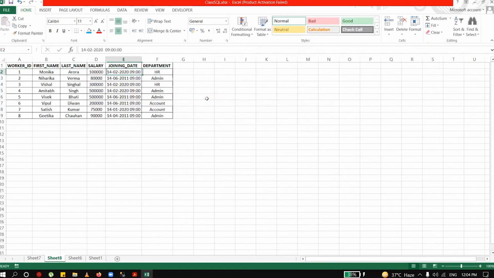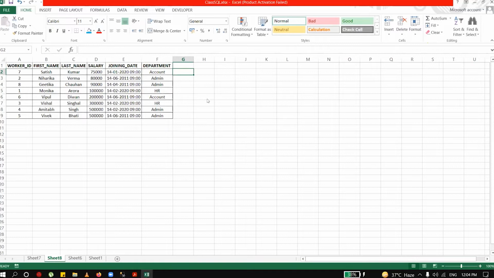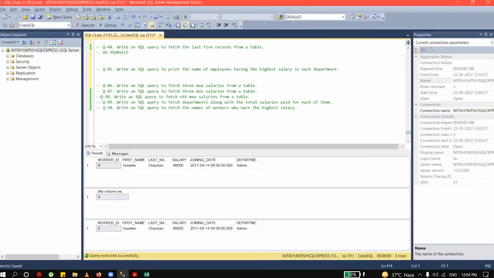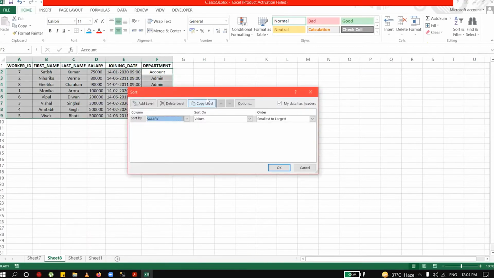If I assign a row number based on the salary, because the question says I have to print the employees having highest salary in each department, there are two things I'm doing here. First is the department in ascending order, and then my salary in descending order.